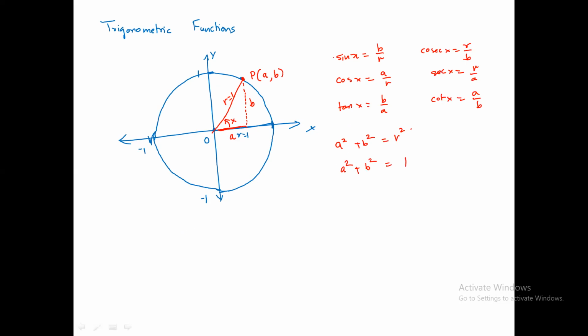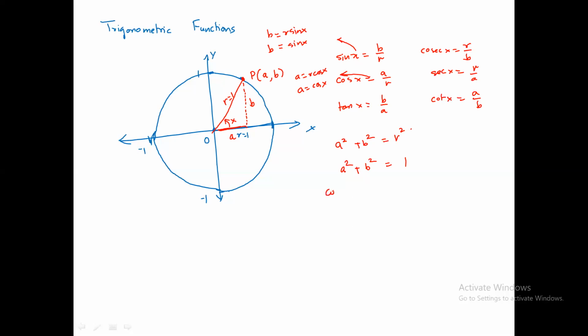Now, from this I will write b is r sin x. And because r, the radius is 1, b is sin x. From this I will write a is r cos x. Because the radius is 1, a will be cos x.